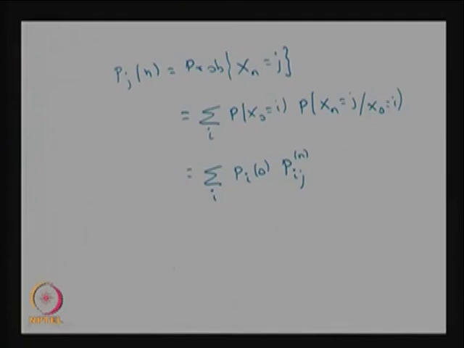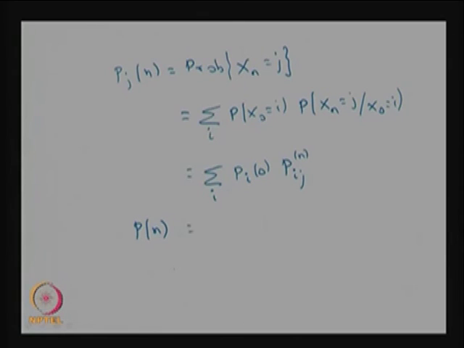Therefore, in matrix form, I can give the p of n. The p of n is nothing but, in the matrix form, the distribution of x n, or this is nothing but the vector which consists of where the system will be at the nth step.